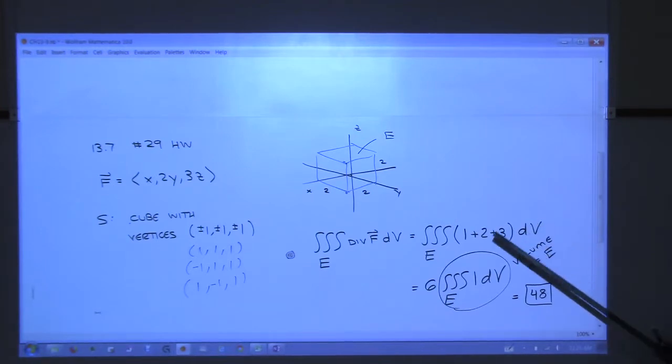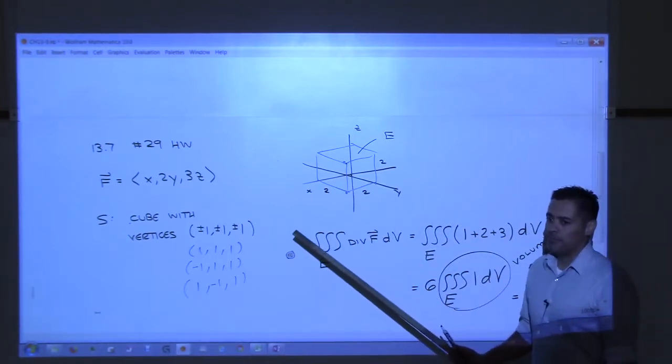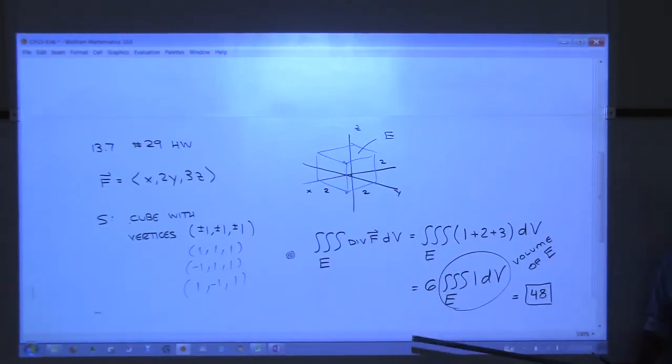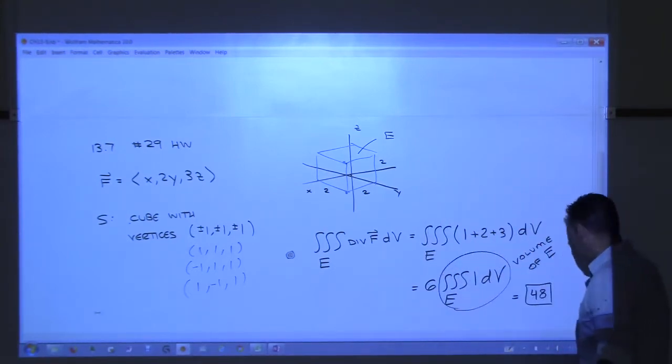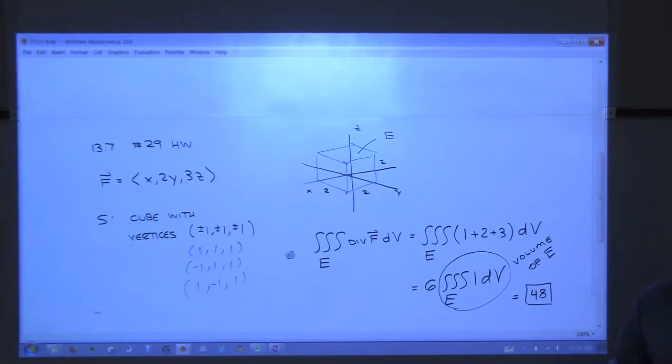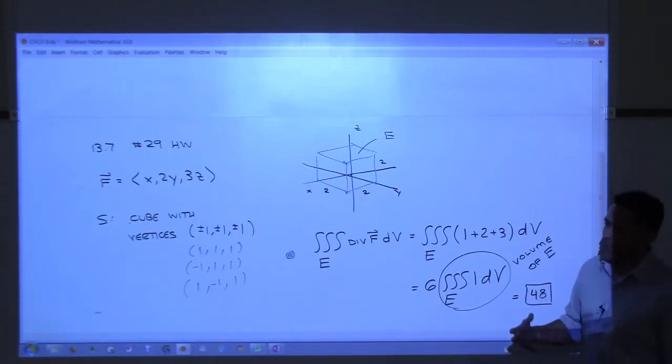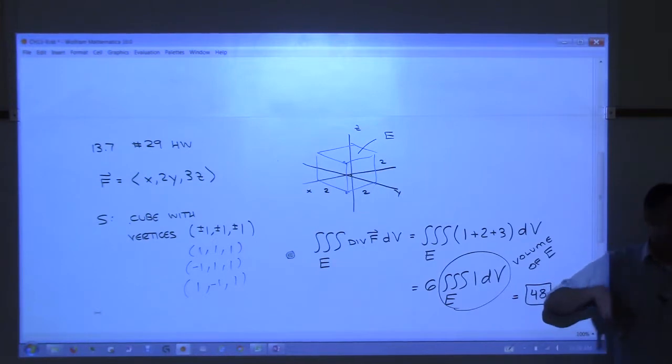Look, when is the divergence theorem not going to help you, though? When it's not enclosing a solid. So in that case, you have to grind it out. And that's what I told you on the final. In order for me to test you on flux, I'm not going to give you a closed surface. I'm going to give you a surface that you must go and compute the flux on.